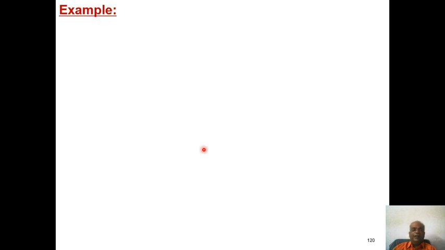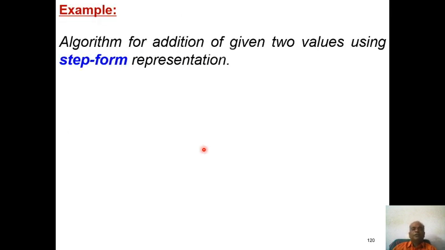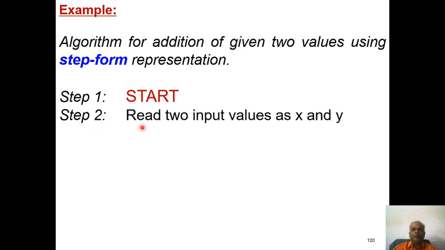So, for example, algorithm for addition of given two values using step form representation. Step 1, start, or maybe begin. Step 2, read two input values as x and y.